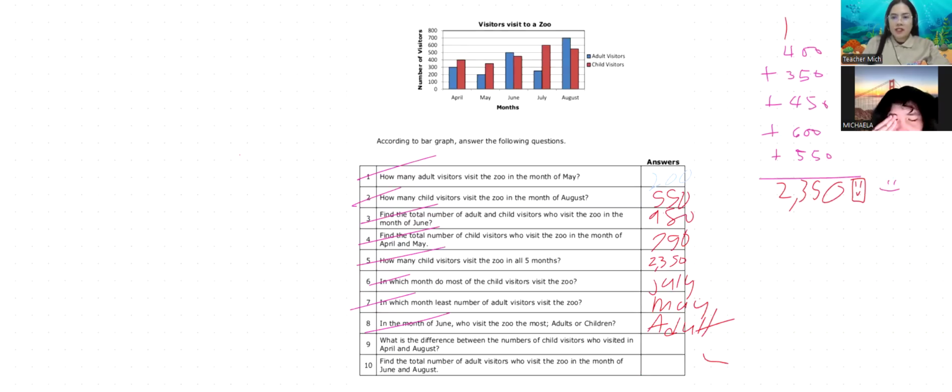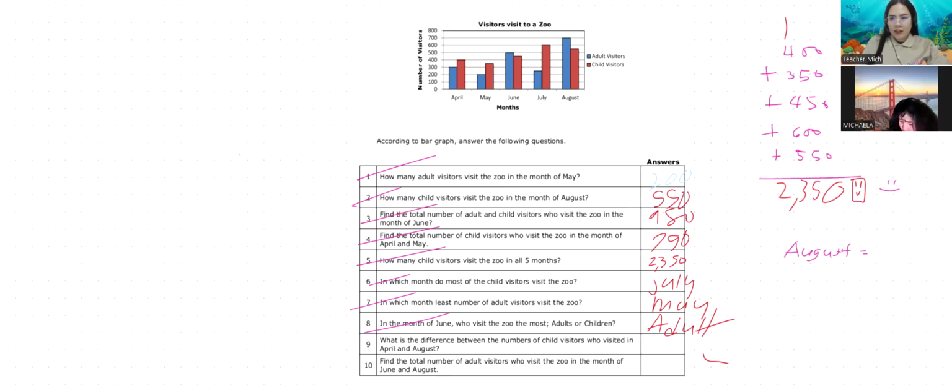How many child visitors are there in August? 450, August, 400, August. How many child visitors in August? 550.